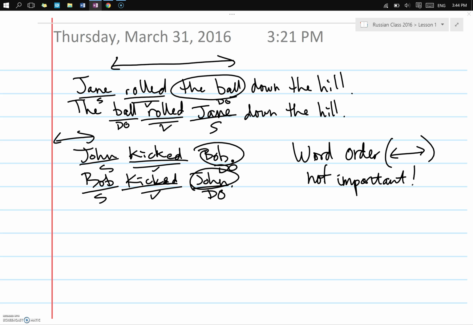And if that syntax is not being followed, so if we have something like "me kick John ball," we don't know what's going on, right? There you go. "Me kick John ball" doesn't match any sort of a syntax that we have. It doesn't match any verb, subject stuff. There's really nothing we can understand about this. This right here, we know that in all ways this is kind of incorrect.